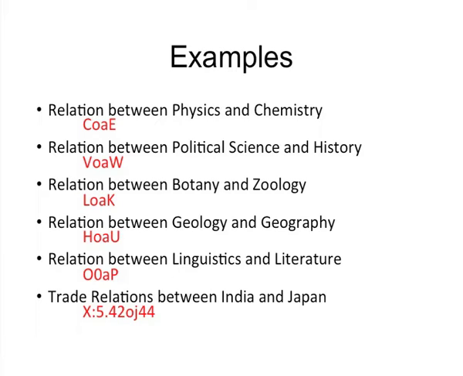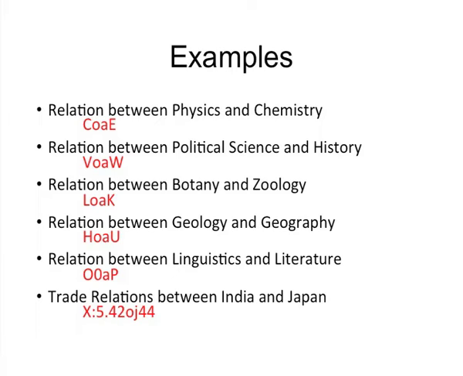Now, if it is trade relations between India and Japan, what type of relation is this? Yes, this is an intra-facet relation. This is not an inter-subject relation, this is an intra-facet relation, and we will class this document in economics. You go to the economics main class, you will find the number for trade is x colon 5. Trade is energy here.